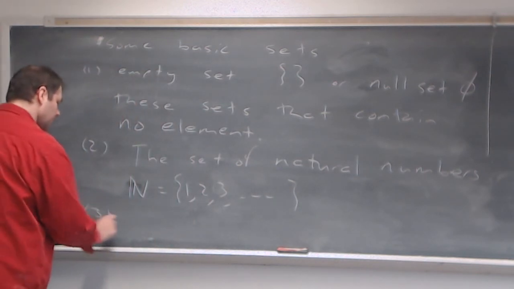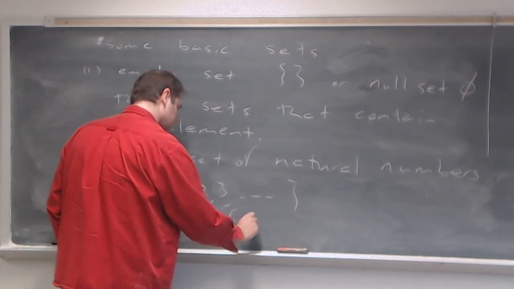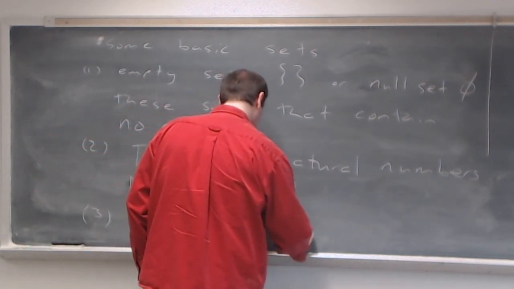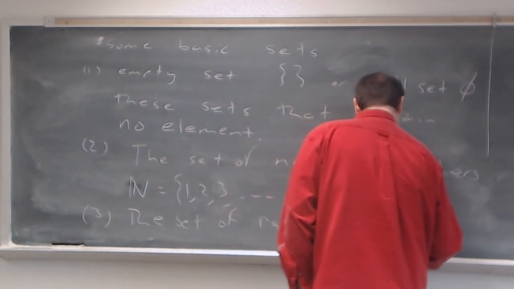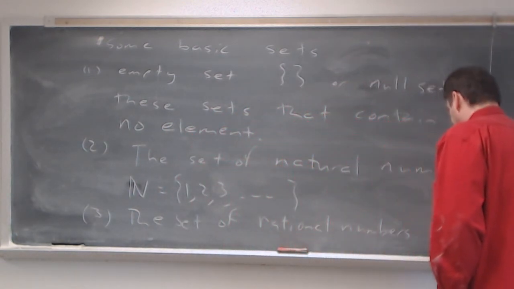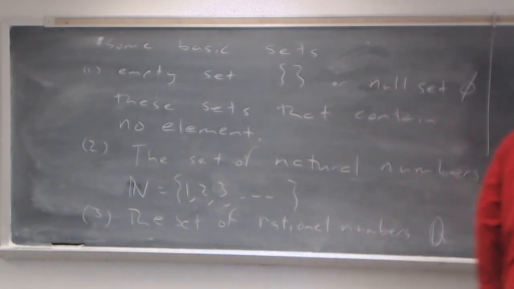Thirdly, a set of rational numbers. That is symbolized by Q. Well, I made a mistake.